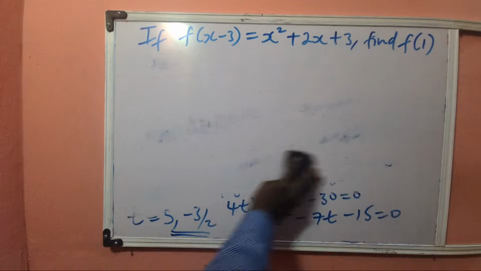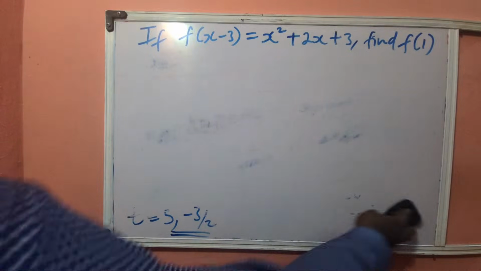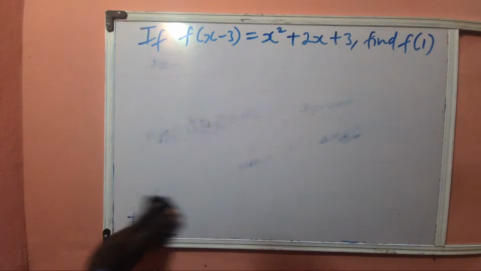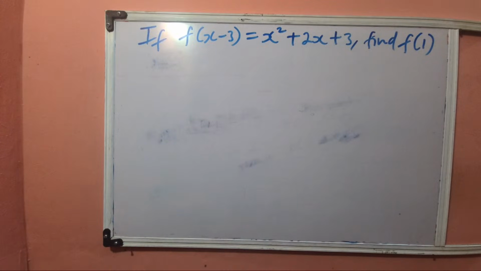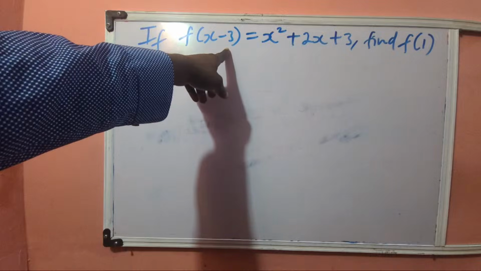But in this particular case, you are told that the argument of the function is x minus 3. This tells you that all you have to do must always relate back to x minus 3 being the initial argument. So let's look at it this way. You have f of x minus 3.